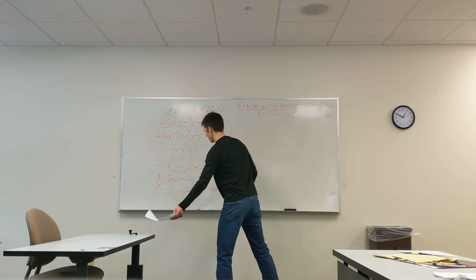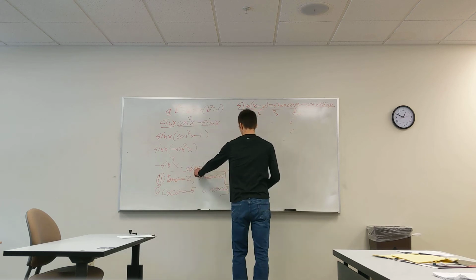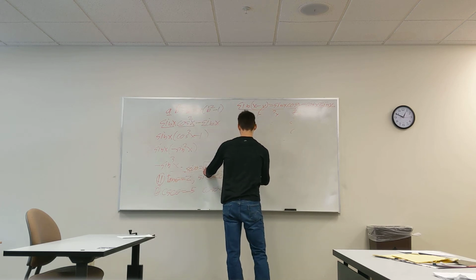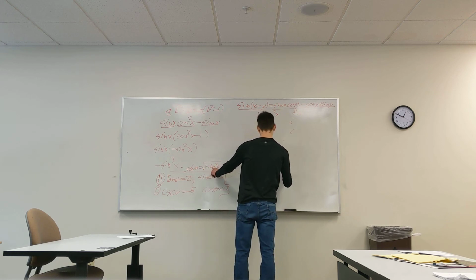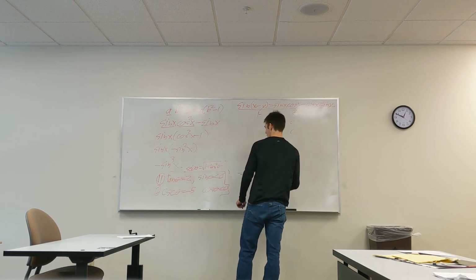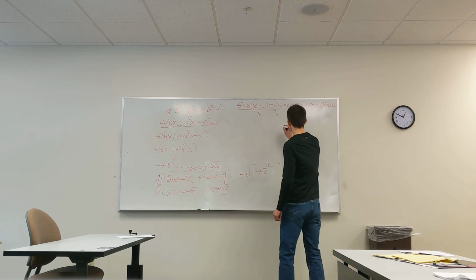Okay, so here we go. Tangent is 2, so secant theta is going to be equal to the square root of 1 plus 2 squared, right? There you go, radical 5. So secant is radical 5.